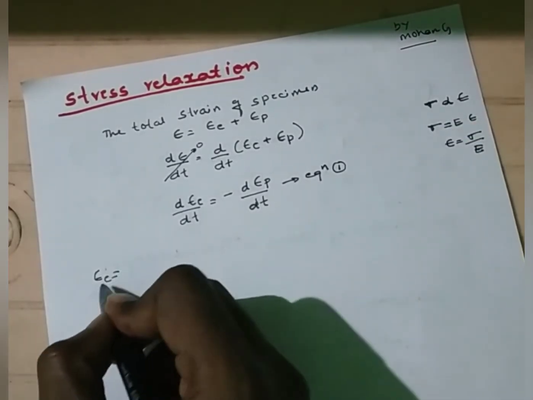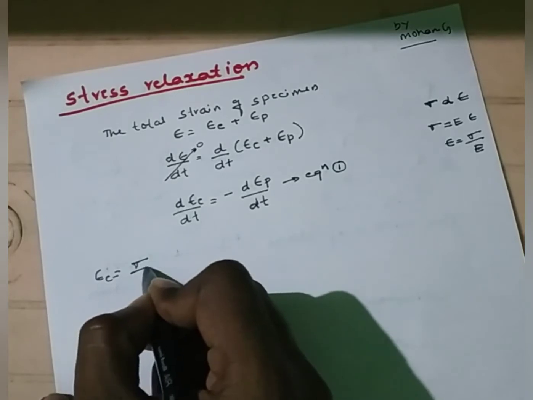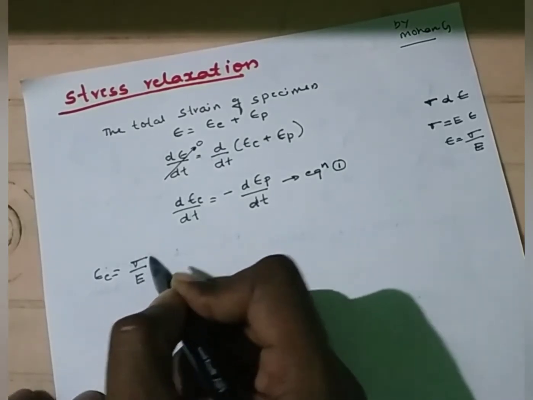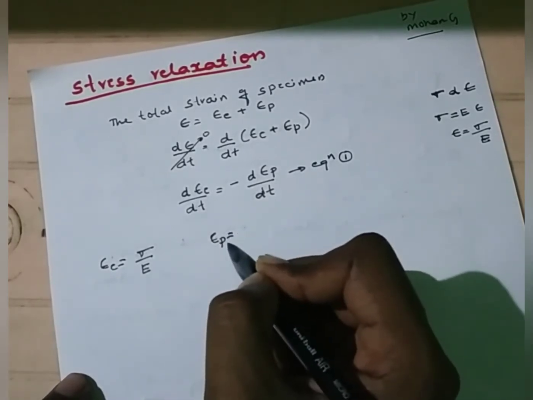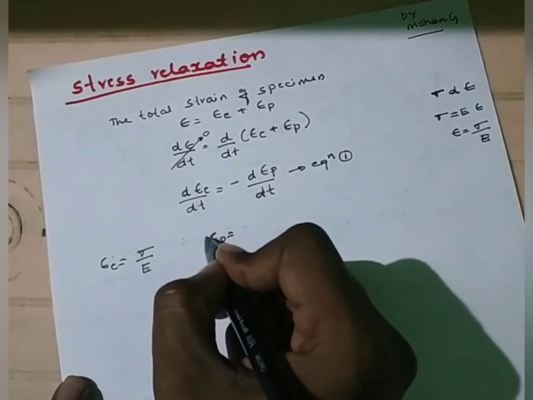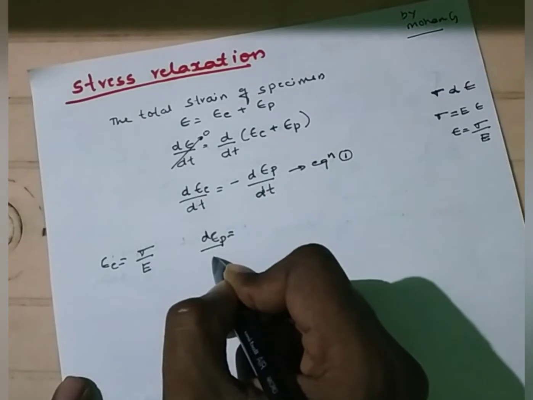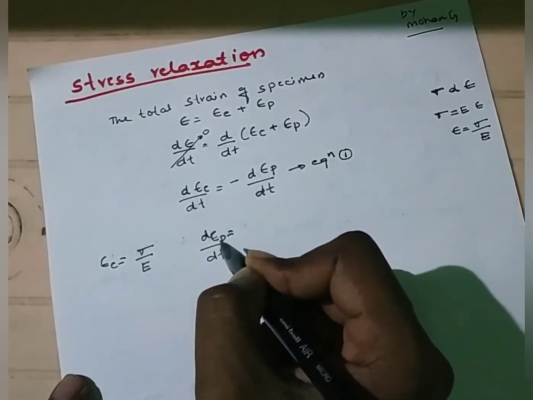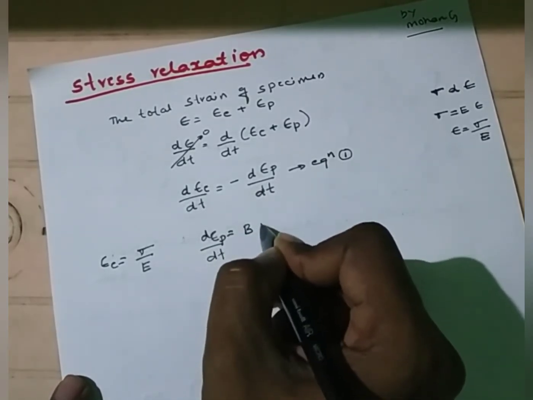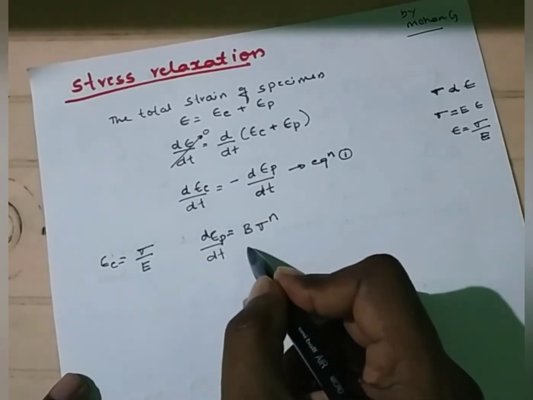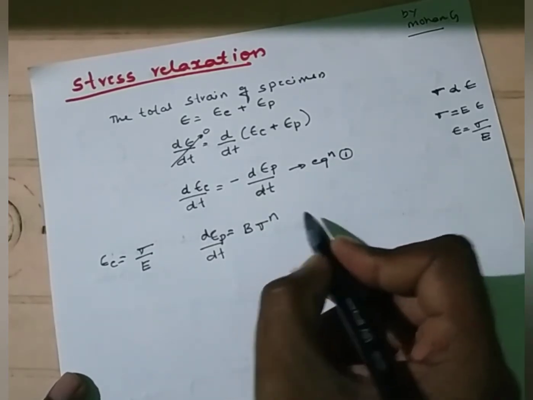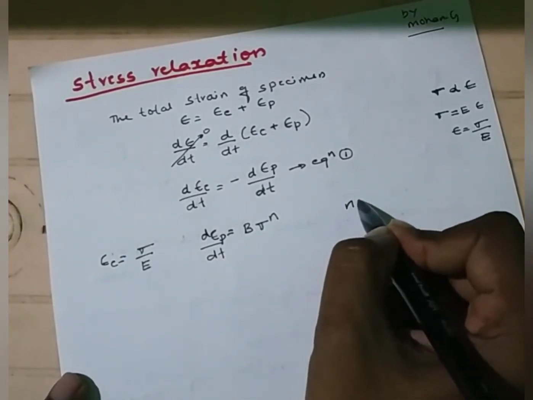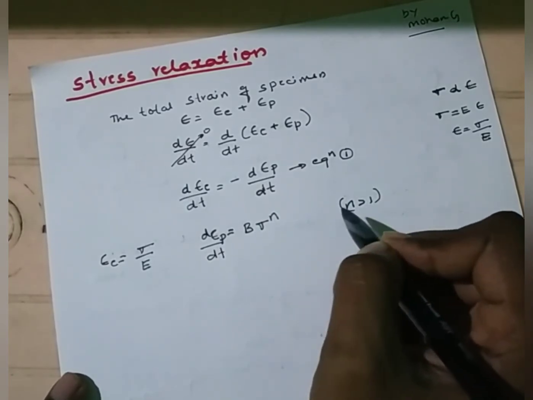Therefore epsilon naught e is stress by Young's modulus E. In the same way, epsilon naught p, that is the strain in the plastic range, or d epsilon naught p by dt, can be replaced with B into sigma power n, where B is a constant, sigma is stress, and n is again a constant. B and n are constants.